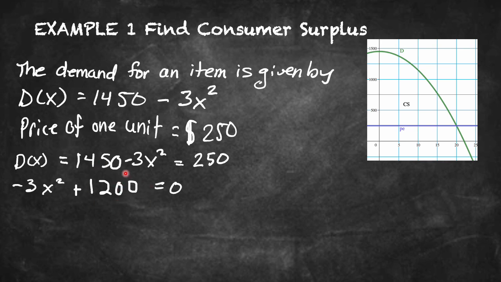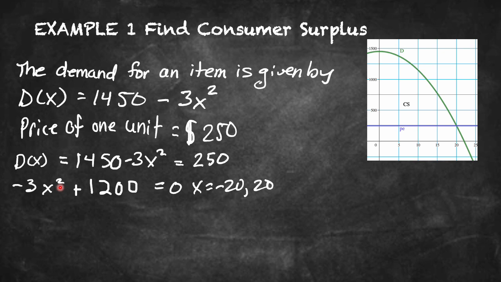If I subtract 1,200 from both sides, I'm going to have negative 1,200 on this side and negative 3x squared on the other side. All we have to do is divide by negative 3 on both sides, and we get x squared is equal to 400. Then when we take the square root, we get that x is equal to negative 20 or positive 20.